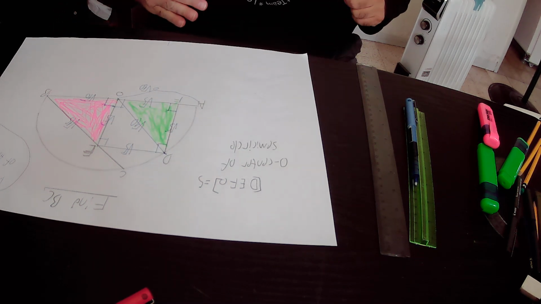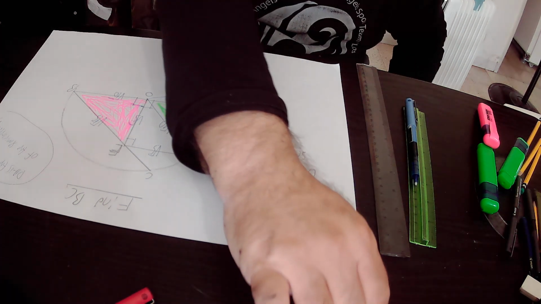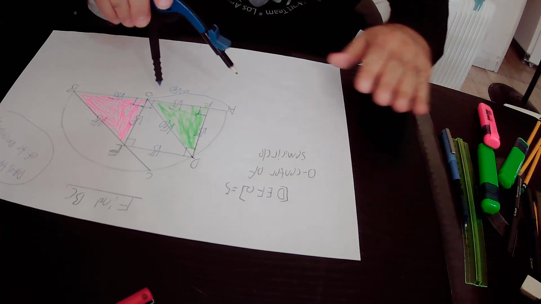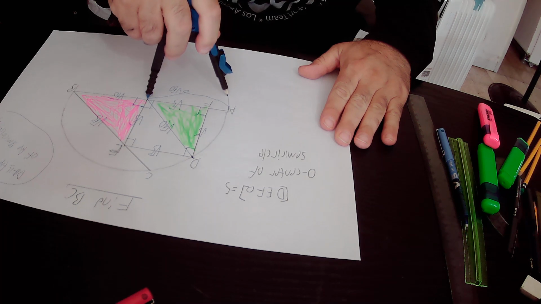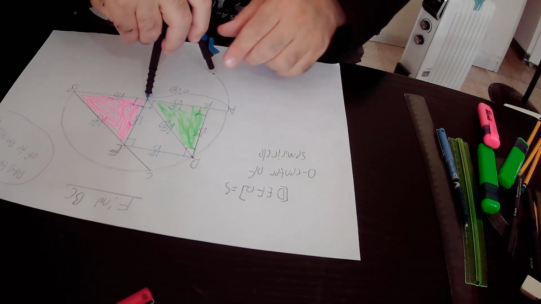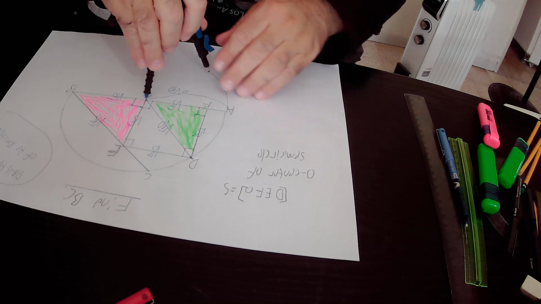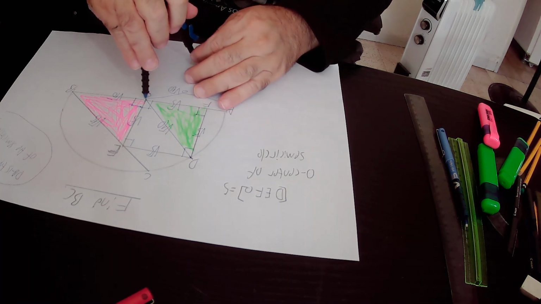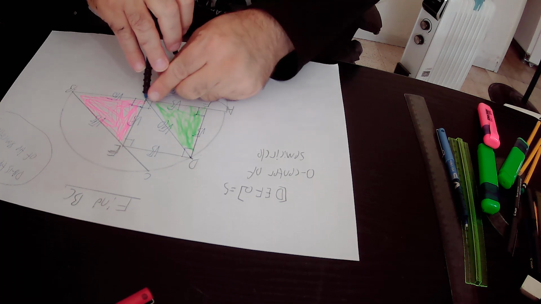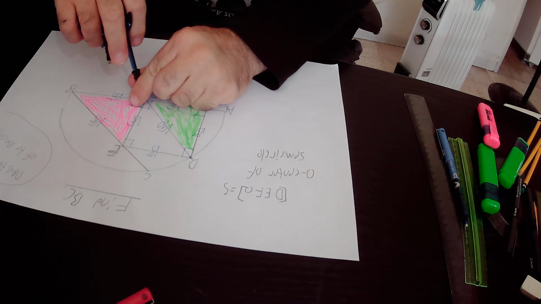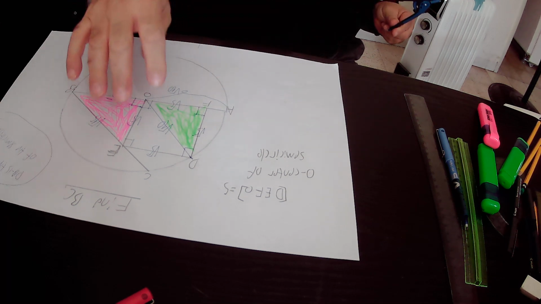In order to find the length of line segment CE, in the first step, we will complete this semicircle to a circle. So we actually completed the semicircle to a circle.